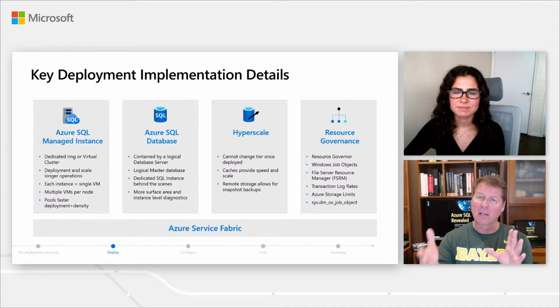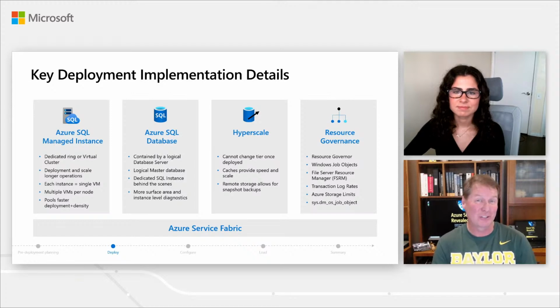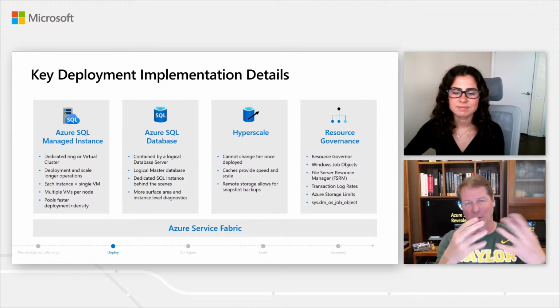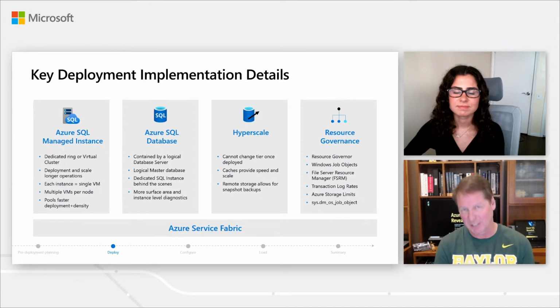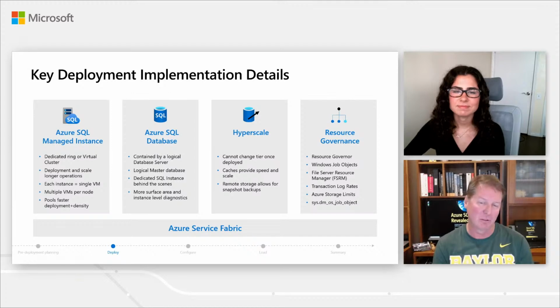But we're going to use other things like Windows job objects. I'm going to show you an example in a second how Windows job objects can affect your SQL deployment. We're going to use things like file server, Azure storage limits, things of that nature to help provide all those different limits I talked about, depending on what you choose, to ensure we give predictable performance and we give you what we say we do based on the tables we talked about.